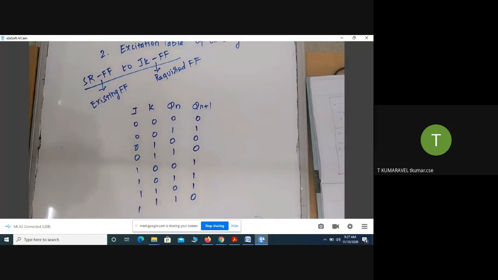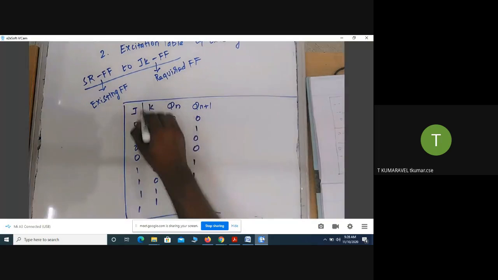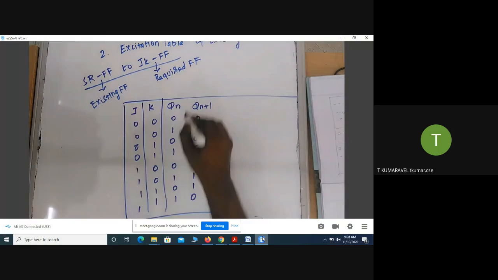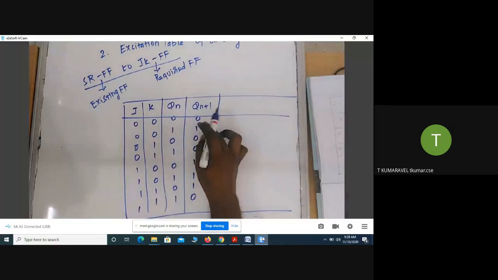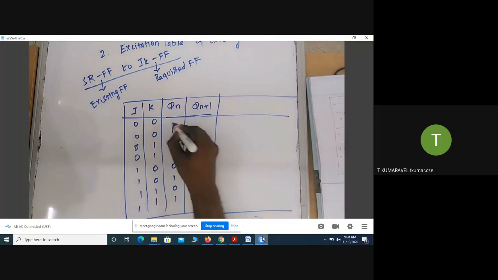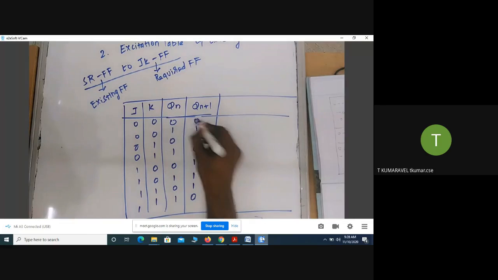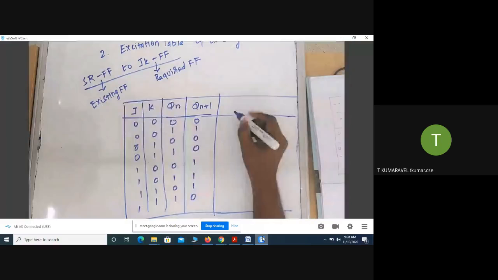The previous stage output is 0, the complement is 1; 1, 0. This is the characteristic table for the required one. The next one is you need an excitation table for the existing S and R.